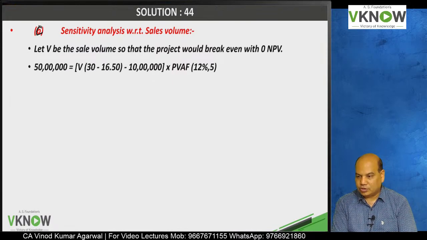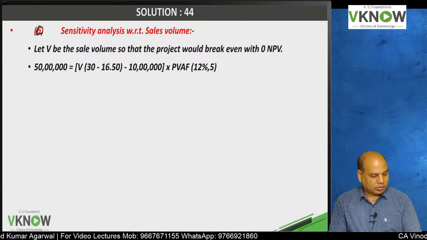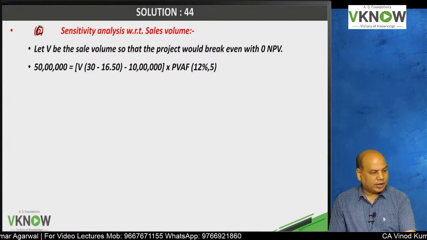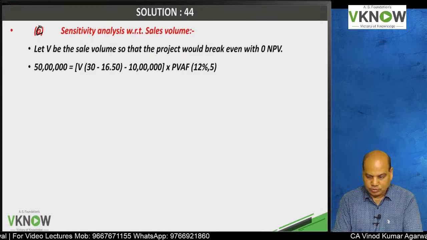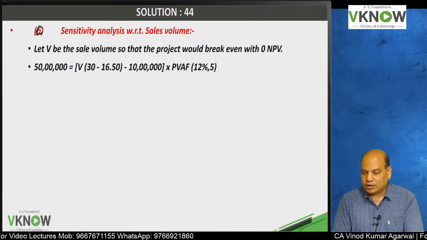Now write this equation. Now this time I will write, instead of sales volume, the quantity given in question, I will write V. You can take X, no problem, whatever suits you.